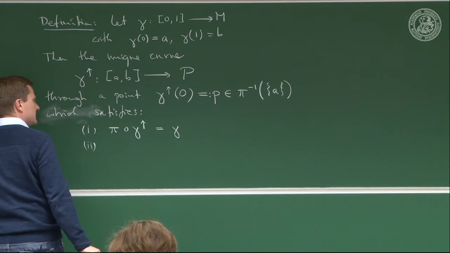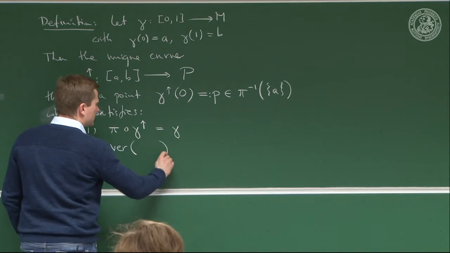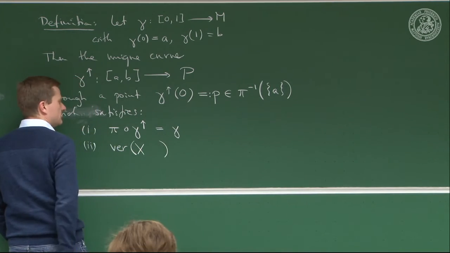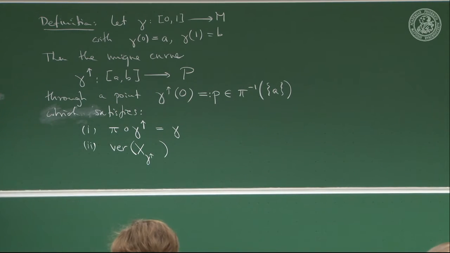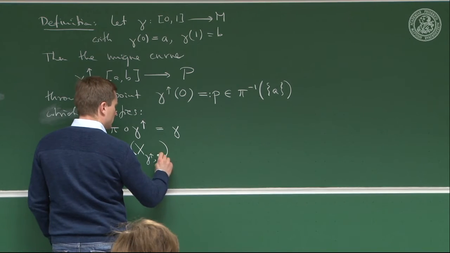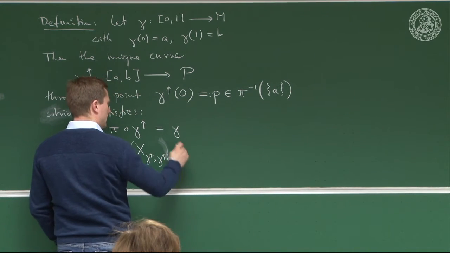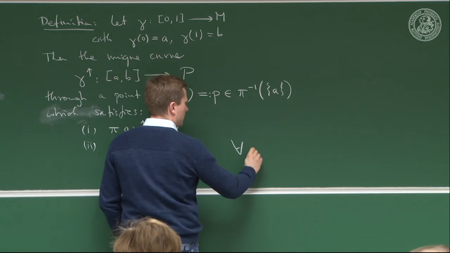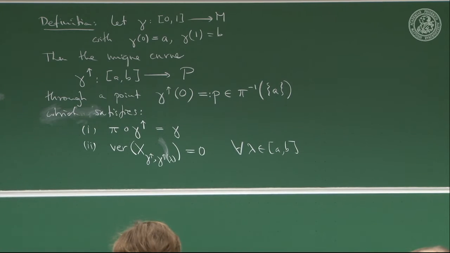The second condition is that if we look at the vertical part of the tangent vector to the lifted curve, so what's the tangent vector to the lifted curve? We denoted this by X and then the name of the curve here at each point along the curve, so gamma hat of lambda, if lambda is the curve parameter. The vertical part vanishes everywhere, so for all lambda in [0, 1]. Okay, there's no vertical part.